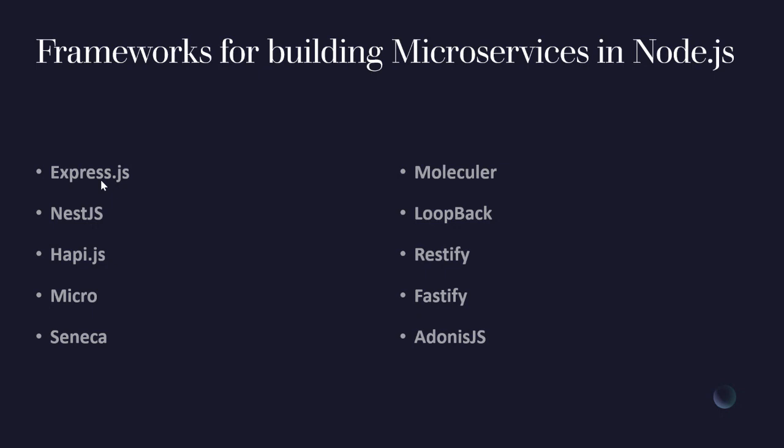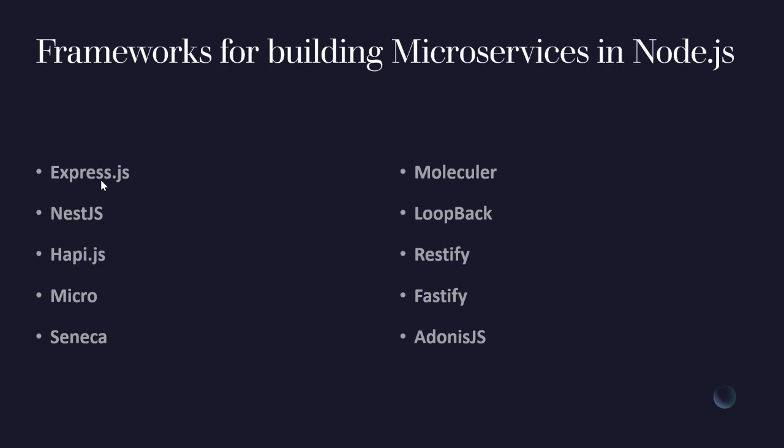The next one is Loopback. Loopback is a highly extensible Node.js framework for building APIs in particular, and microservices. Next one is Restify. Restify is a framework specially designed for building RESTful APIs. So you can consider this when you have to implement RESTful APIs in microservices using Node.js. And next one is Fastify.